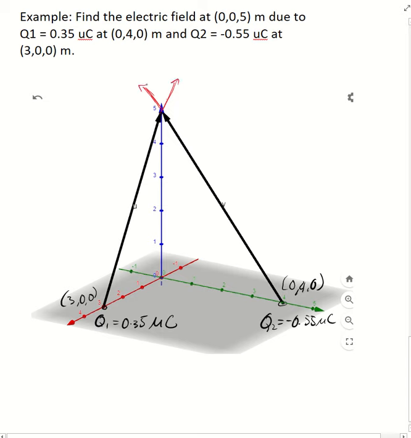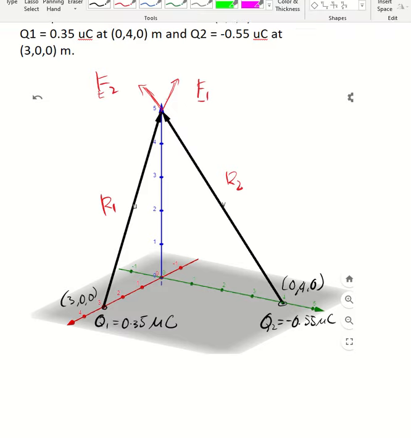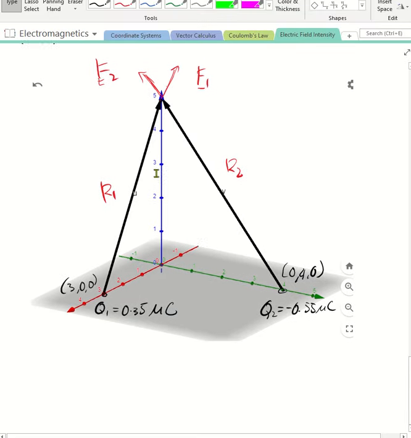So I can call this one due to Q2, E2, and this one due to Q1, E1. And this is R2, and this is R1, position vectors. So the total E at that point will be equal to E1 plus E2.